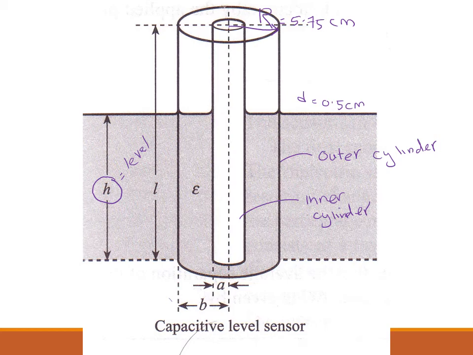So we need to determine the design concept for this capacitive level sensor. The area is the same, the distance is the same, it will not change. The only thing that changes is the dielectric value. If the alcohol is at maximum level, full length, the dielectric will be all alcohol.